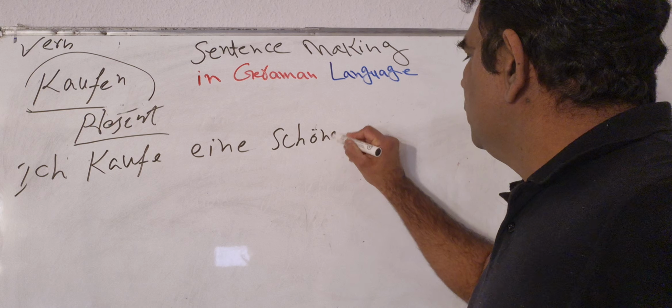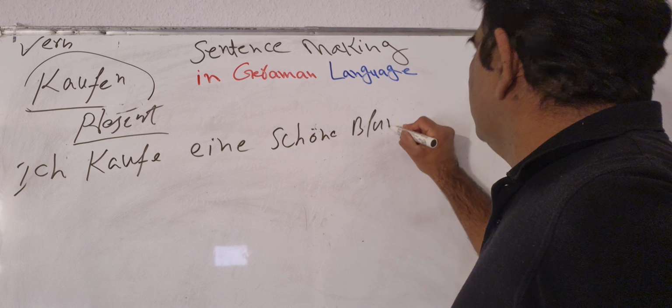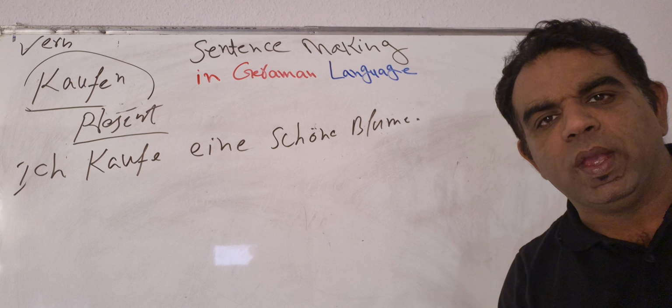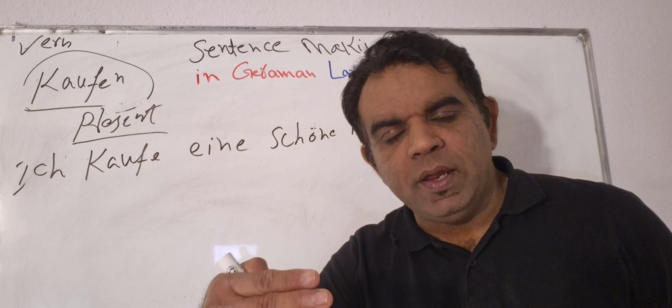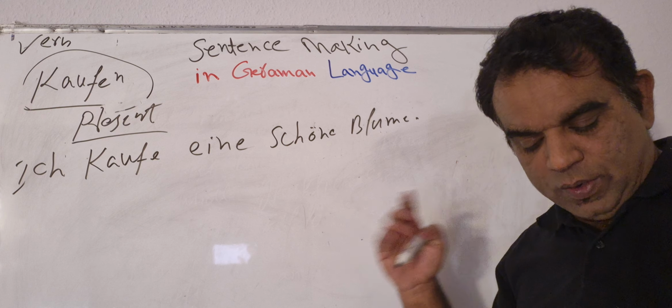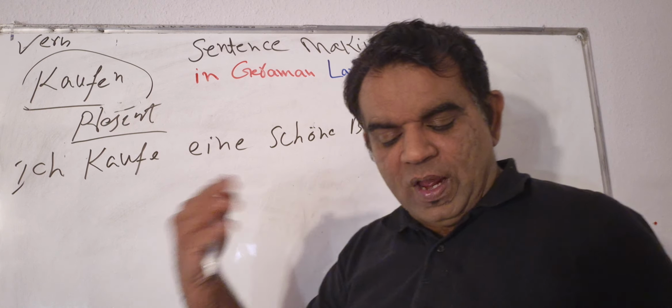Genau. Ich kaufe eine schöne Blume. It means I buy, or I am buying, a beautiful flower.